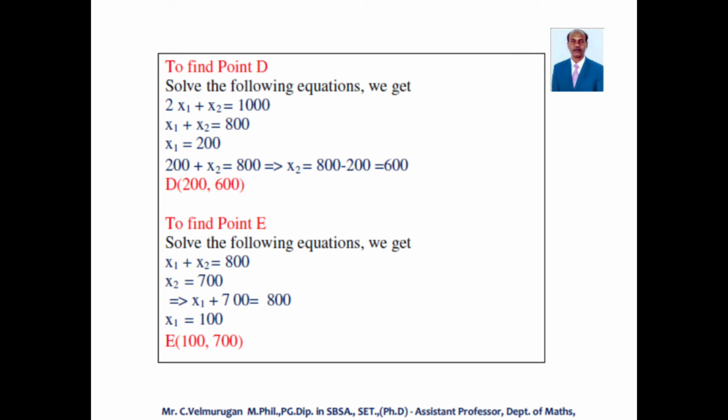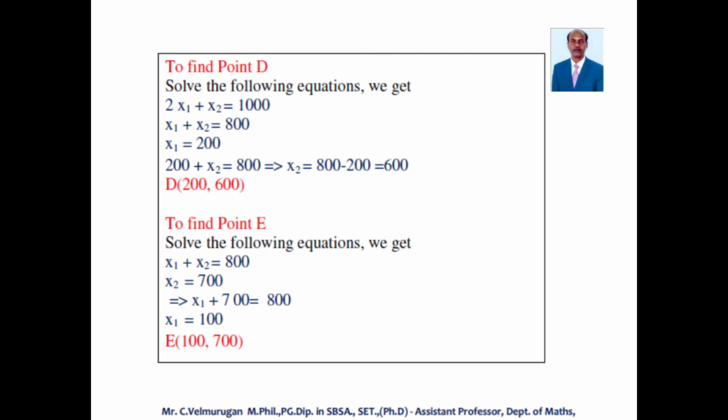So we subtract the second equation from the first equation. Automatically the x2 value will be cancelled. What will be remaining? 2x1 minus x1, we get x1. 1000 minus 800 equal to 200. So we get x1 equal to 200.